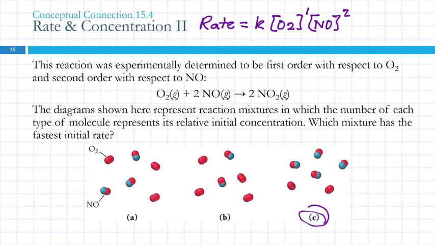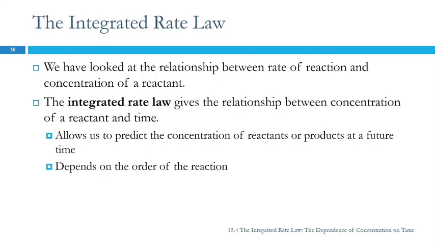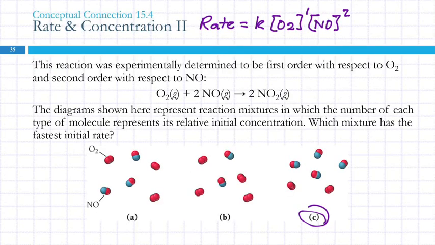Because this is second order, it affects the rate a lot more. They both affect the rate, but the NO does it more. Can you say that again? Sorry. I will try. Both concentrations affect the rate, but NO affects it more than oxygen because this concentration is squared and this one is not.